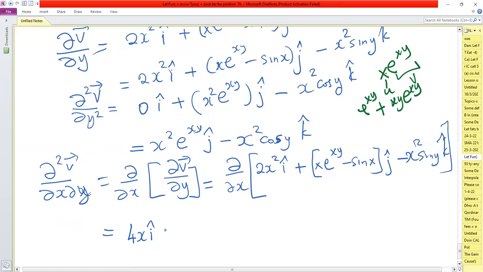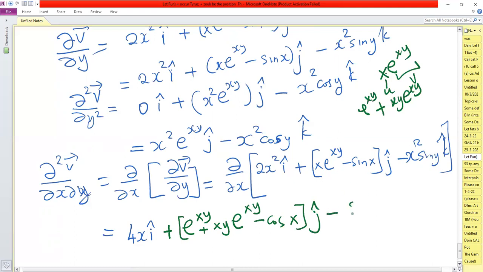So I'll have now e raised to power xy plus xy e raised to power xy, and then minus derivative of sine is cosine, j, and then this will give us negative 2x sine of y k.